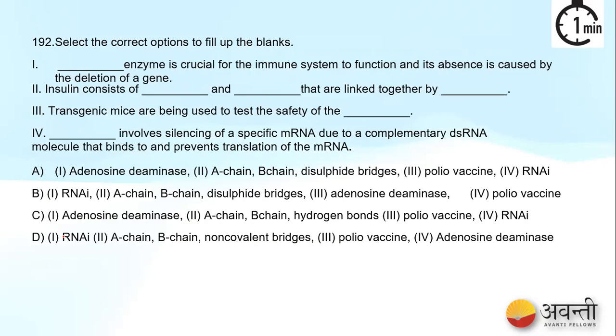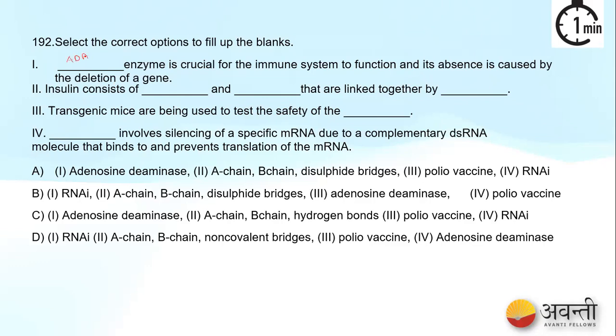So we have question 192. Select the correct options and fill in the blanks. When it comes to such a lengthy question, you go for one blank after another. So let's see what is the question here. Dash is an enzyme that is crucial for immune system function, and its absence may be caused by deletion of a gene. Whenever we talk about genetic engineering, we hear about something called adenosine deaminase or ADA deficiency.